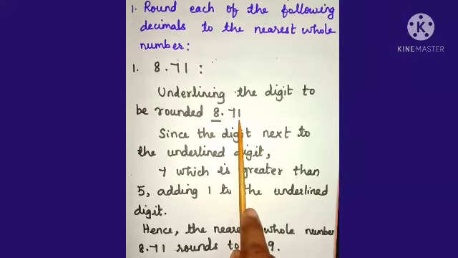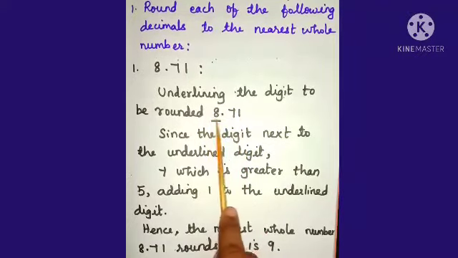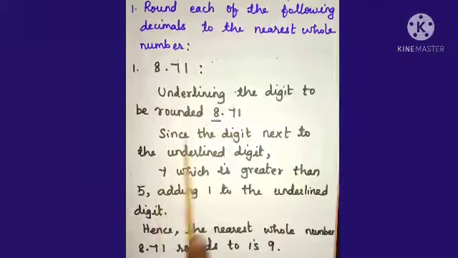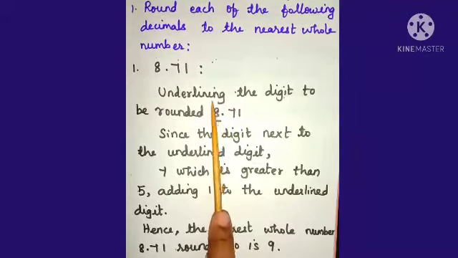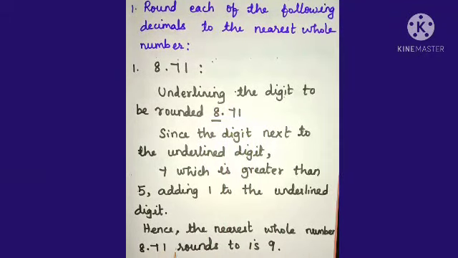Yes, we have to add 1 to the underlined digit. So the answer will be 9. Write down, since the digit next to the underlined digit is 7, which is greater than 5, we have to add 1 to the underlined digit. So the nearest whole number 8.71 rounds to is 9.